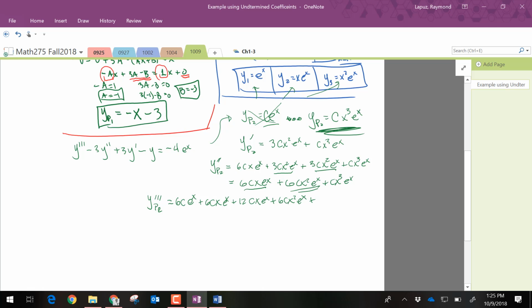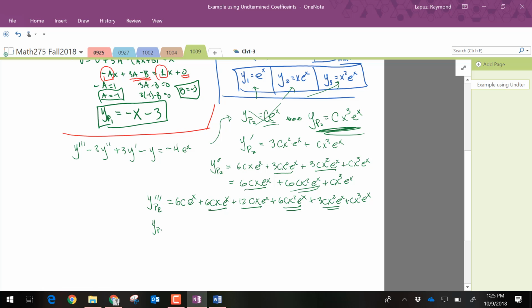And then finally, derivative of the first, 3cx squared times the second plus the first, cx cubed e to the x. So a couple of things that we should be able to combine here. We got these two, and we got these two, and then the others kind of just are there.